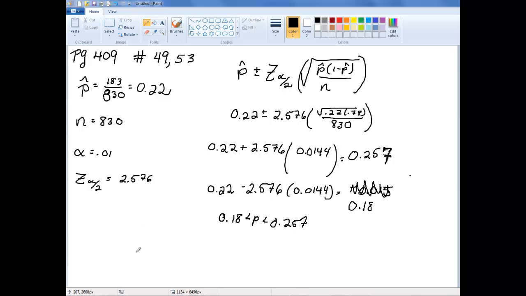So now I'm going to talk about number 53, which we need to calculate the margin of error. So A, error equals z alpha over 2 times the square root of p-hat times 1 minus p-hat over n. What is going on with my pen?